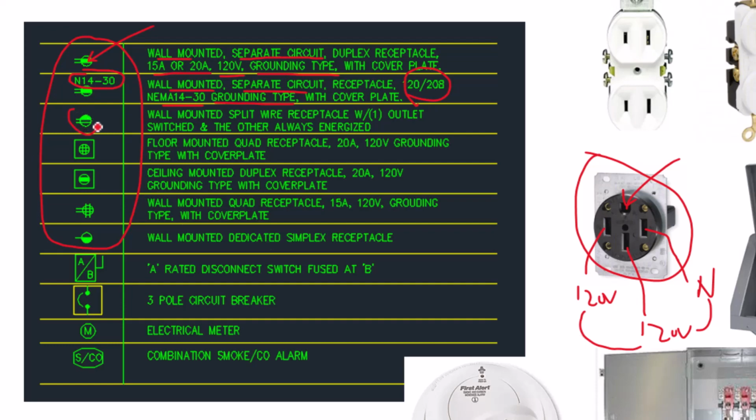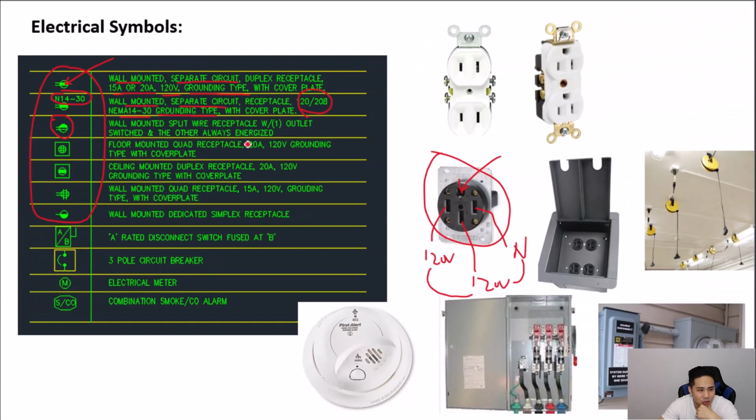You can also have a symbol like this where half of it is hatched and the rest is not, and that is a wall-mounted split wire receptacle with one outlet switched and the other always energized. So that means that out of these two, let's say these two duplexes, one is a switched one and one is powered.